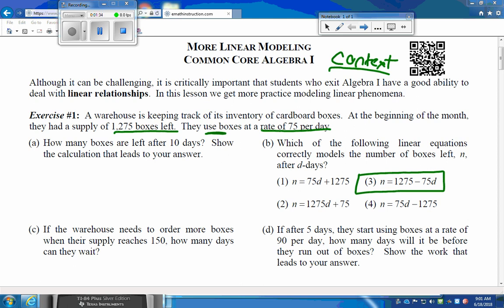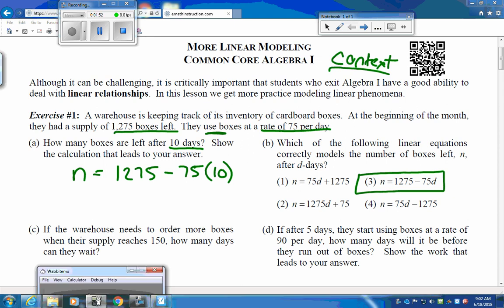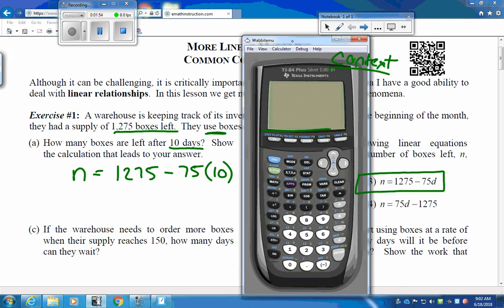For part A, it says how many boxes are left after 10 days. Well, they're using 75 a day. So to find n, it would be 1275 minus 75 times 10. I can take my calculator and type this in: 1275 minus 75 parentheses 10.